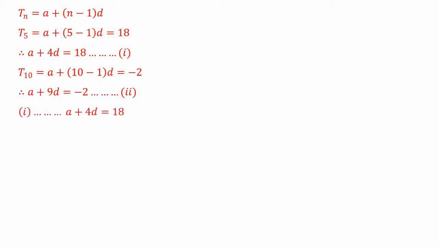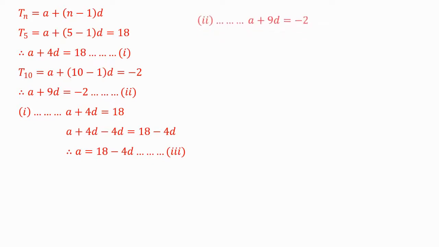Then from equation 1, where we have a plus 4d is equal to 18, we subtract 4d from both sides to form a is equal to 18 minus 4d, and we denote that as our third equation. Then from equation 2, we have a plus 9d is equal to -2, and since we have a is equal to 18 minus 4d, we shall substitute a with the third equation.